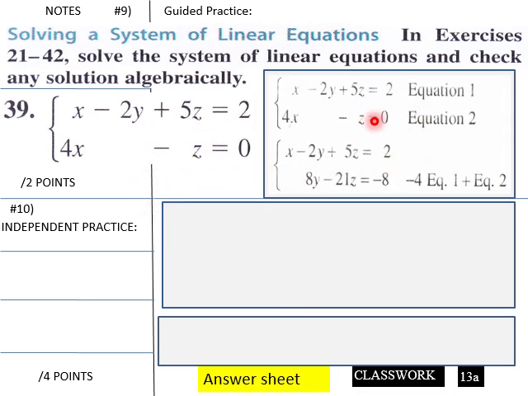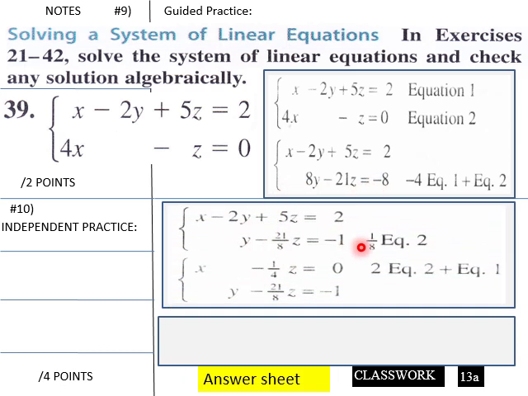So we have equation 1, equation 2, and then our equation 2 can be changed by -4 times equation 1 plus equation 2. So when we multiply -4 times equation 1 plus equation 2, we get this down here. We get rid of our x, and we end up with 8y minus 21z equals minus 8.